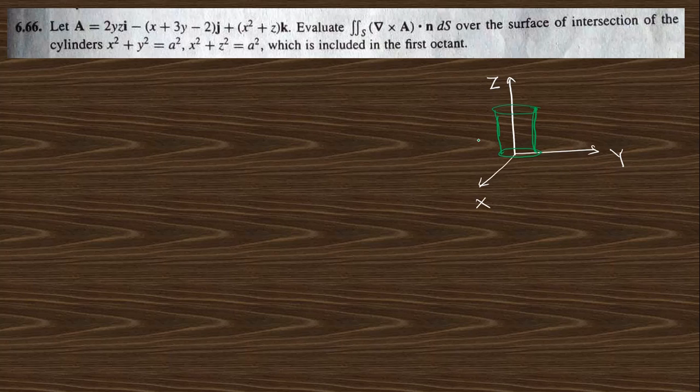Another one is x square plus z square equal to a square, like that. That means these will be intersecting.